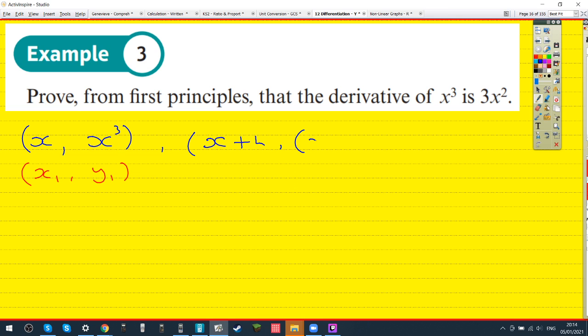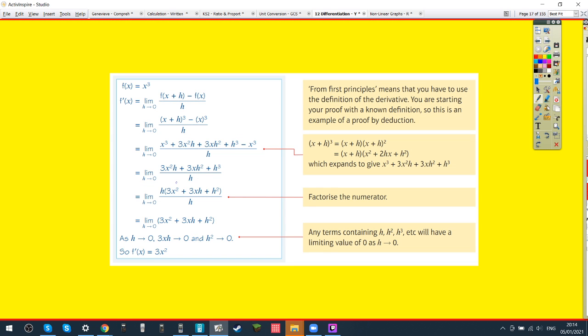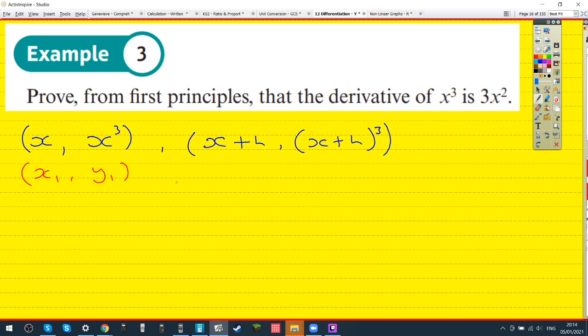And then you get x plus h cubed. You would expand that out. What would you get? X cubed plus 3x squared h plus 3xh squared plus h cubed.